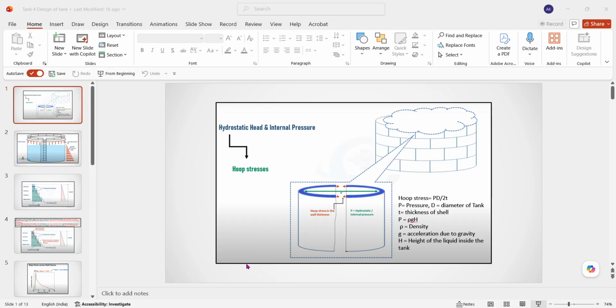But you see, the tank is anchored, welded with the annular plate, and the annular plate is anchored with the foundation. So here your hoop stress will not act.